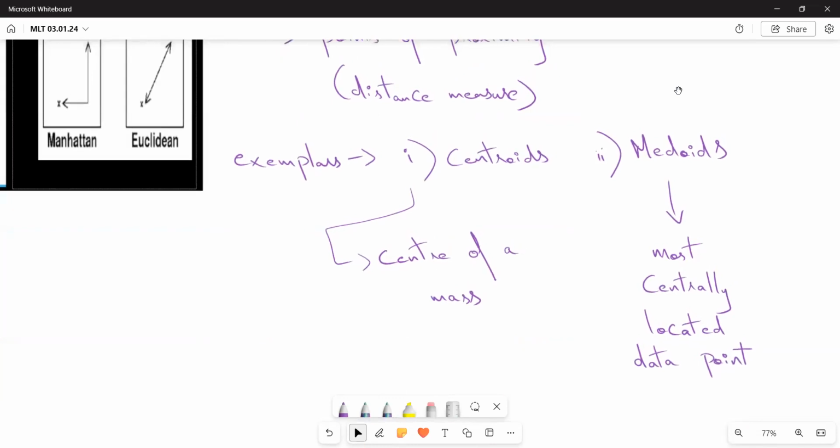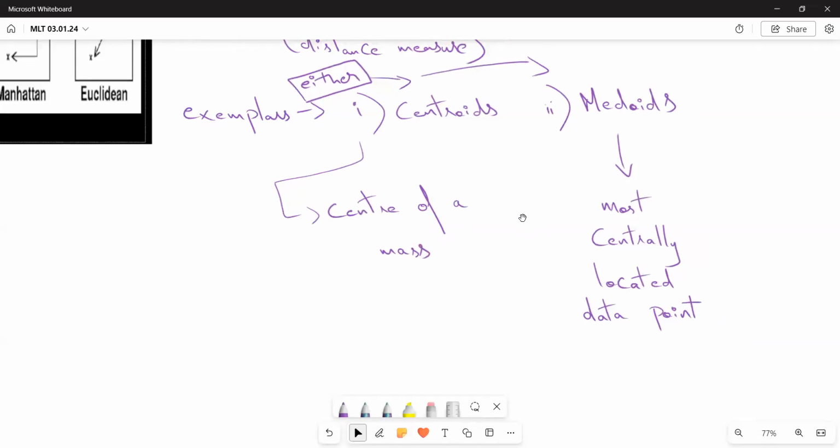Your keyword here is either: it is either a centroid or a medoid. When you say centroid, it helps you identify the center of mass. And what will a medoid do? A medoid will try to locate the most centrally located data point.